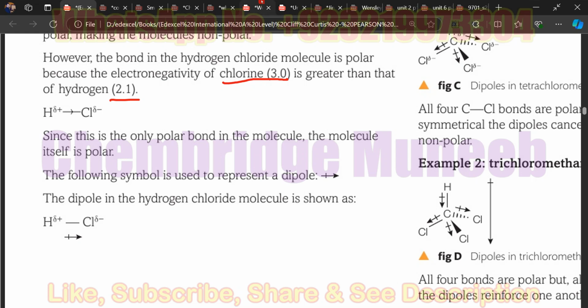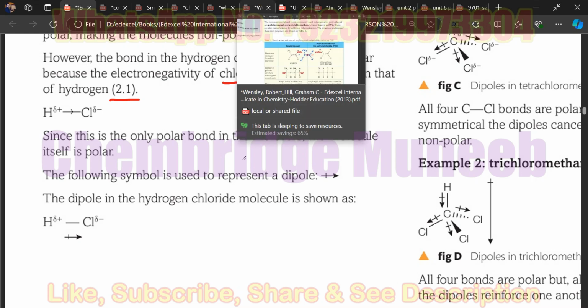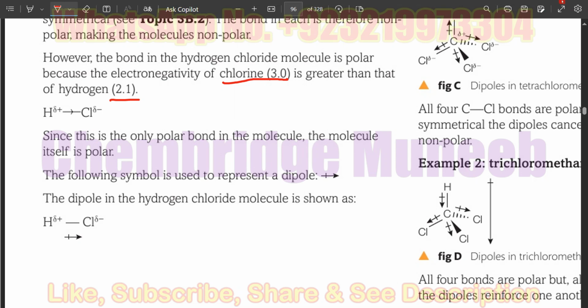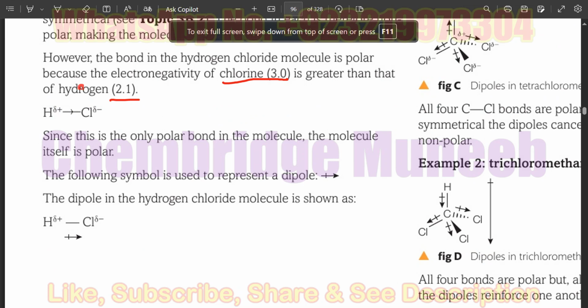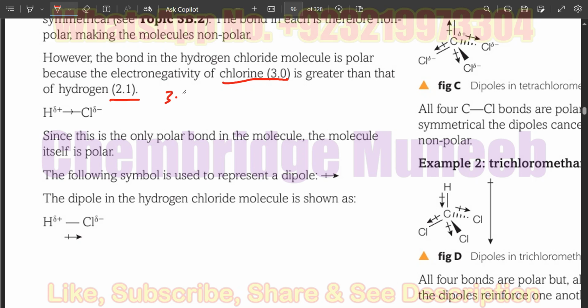Now the difference between them is how much? 0.9. This 0.9 is much greater than 0.4, so 3.0 minus 2.1 is 0.9. So that's why the hydrogen will be considered as the partial positive side and chlorine will be considered as the partial negative side.